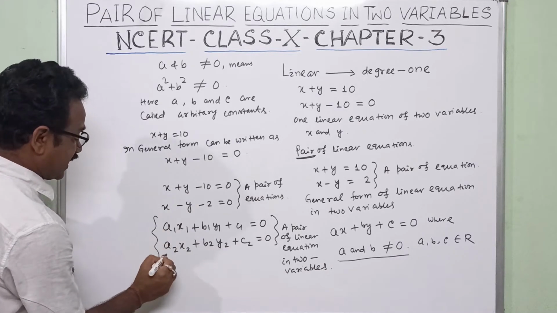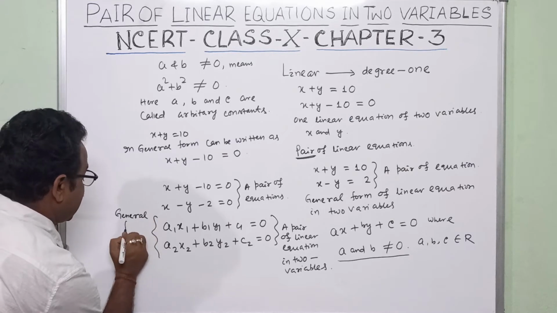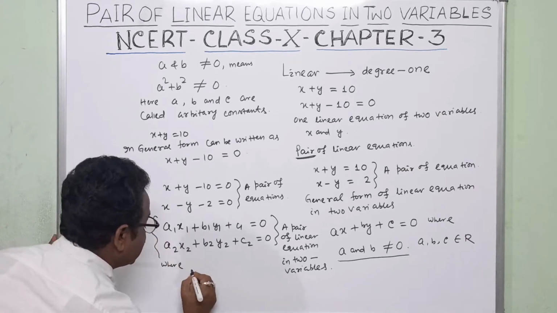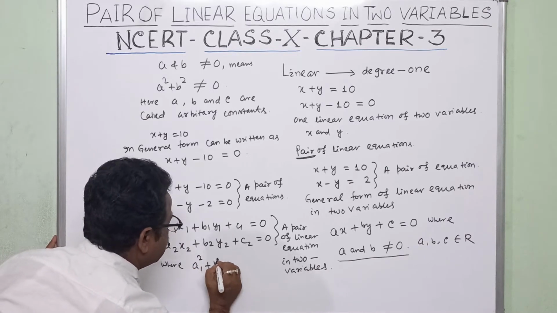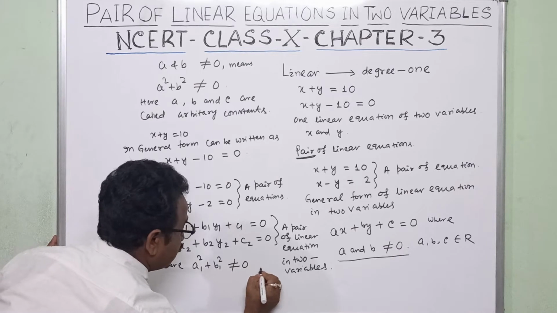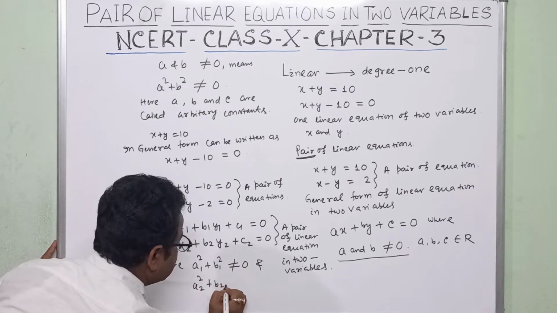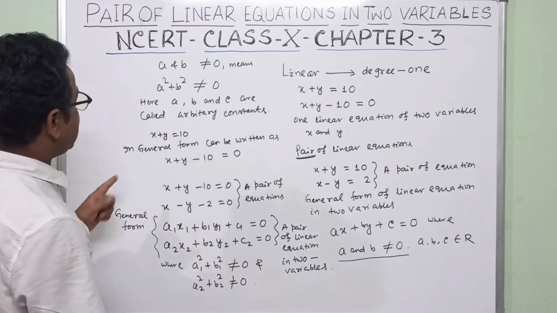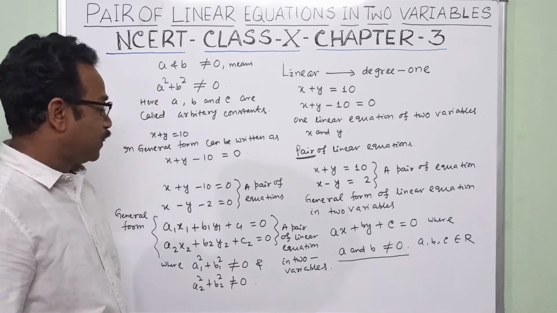This is the general form, where we can write a1 square plus b1 square is not equal to 0, and a2 square plus b2 square is not equal to 0, because a and b both are not 0.